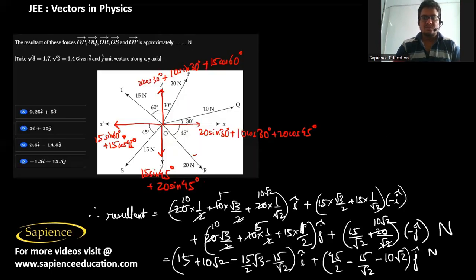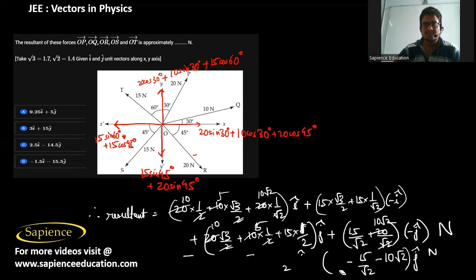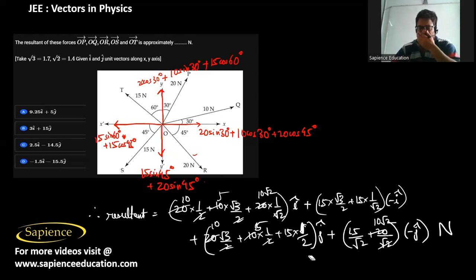This is 22.5. Sorry, this is not 10 plus 5. This is also not correct. Actually wrong.